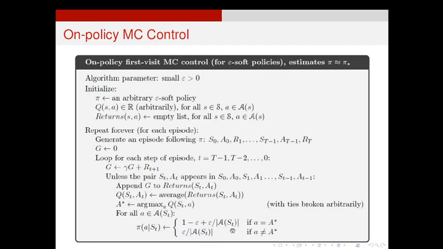This is a real value. That means if a is the maximum valued action at the state St, then this is the probability that that action is chosen from St in the policy pi. If a is not the maximal action, then the corresponding probability is epsilon by the cardinality of A(St).